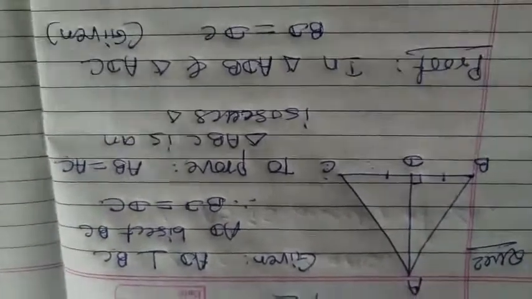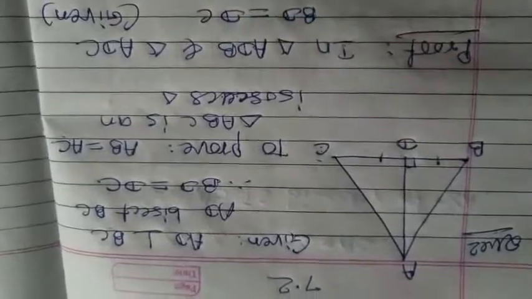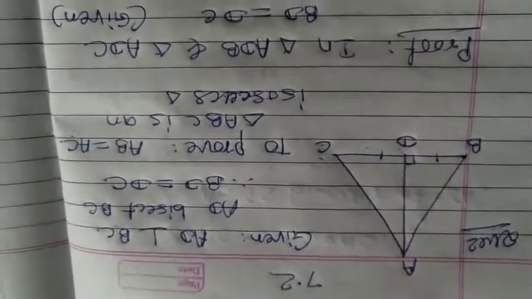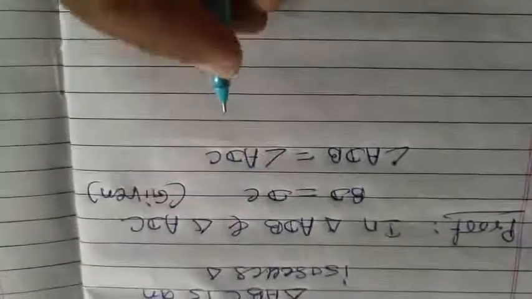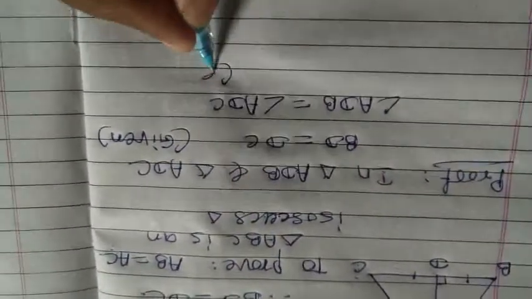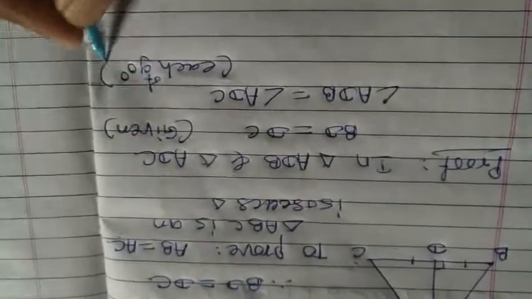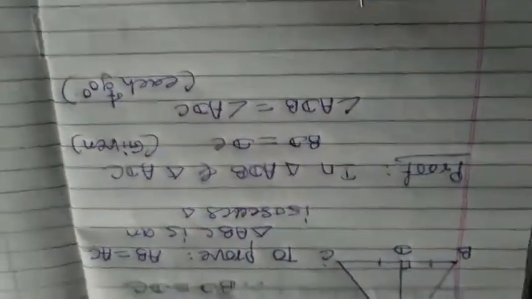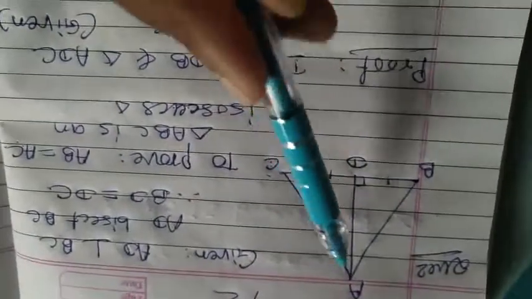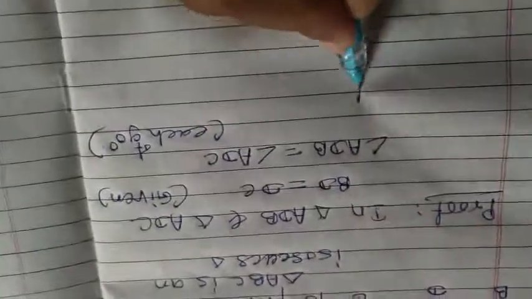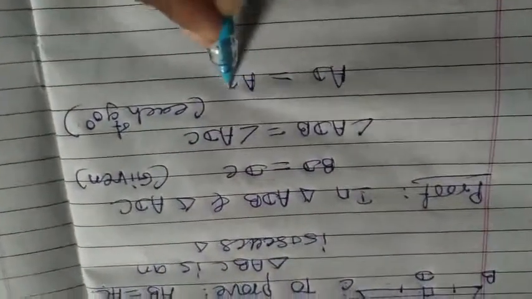Second, we can consider angle ADB is equal to angle ADC. AD is perpendicular, means both the angles are right angles, each of 90 degrees. And the remaining third part is AD, which is the common side for both the triangles. AD is equal to AD.